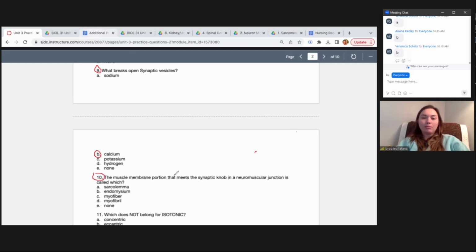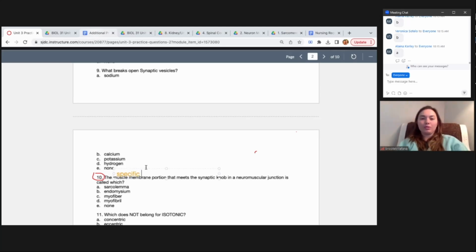Question 10. The muscle membrane portion that meets the synaptic knob in a neuromuscular junction is called which? And I'll give you a little hint for what I think this question is asking.